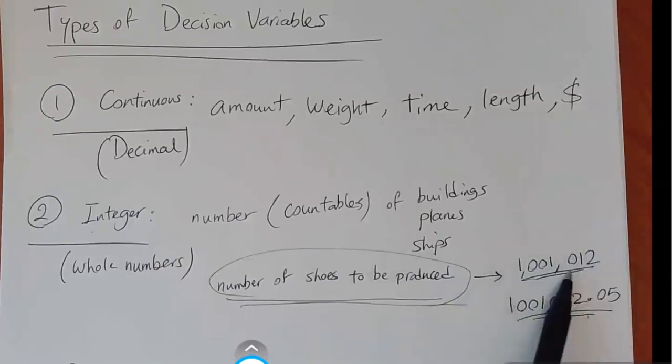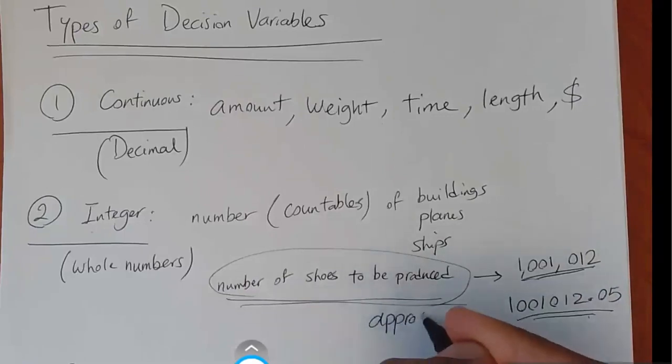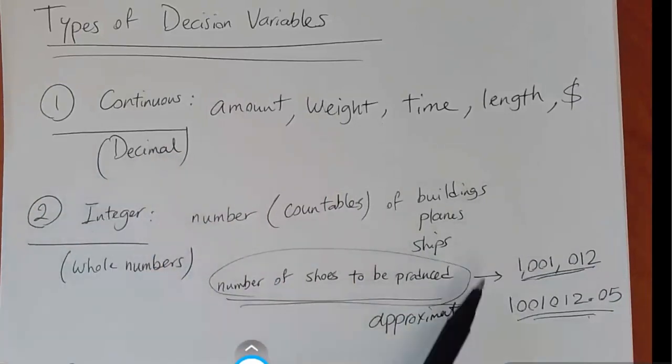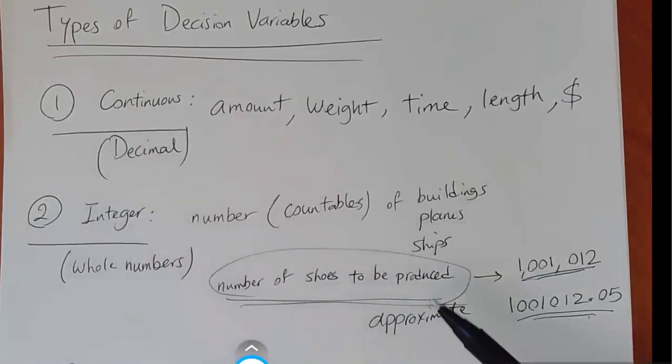As long as we're close to this, that's fine, because we have a large-scale value. We have a huge number here that we're looking for, and it doesn't really matter if we go up or down a little bit. So we can approximate. When you can approximate the number, it's always better to take it as a continuous variable. So drop the integer assumption, assume that it's continuous, and solve the problem with the continuous assumption. So in those cases, we can still assume that those are continuous, right?